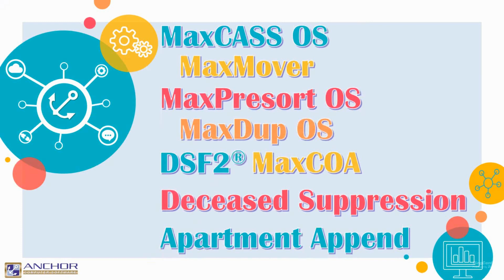There is MaxCast OS, our USPS CAS certified solution, Max Mover, our NCOA link certified interface, Max Presort OS, Anchor's USPS PAVE Gold certified presort solution, Max Dupe OS, which is our duplicate identification tool, DSF Squared.